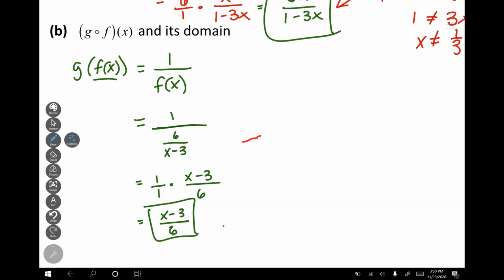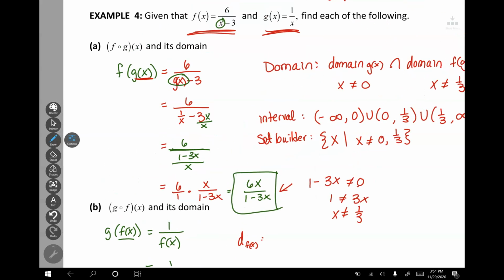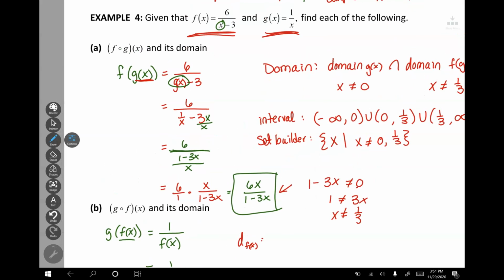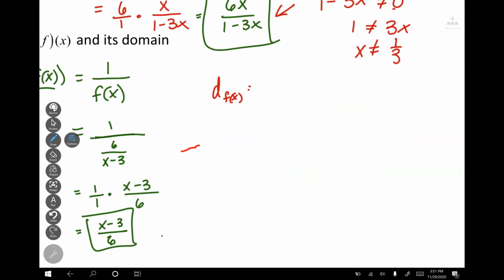All right, so now getting the domain, we want to get the domain of f of x and the domain of our composite function. So the domain of, I could just write d of f of x. We know we're talking about the domain of f of x. Again, looking at the denominator there, there's a fraction, so looking at this, x cannot equal 3, because then you would be dividing by 0.